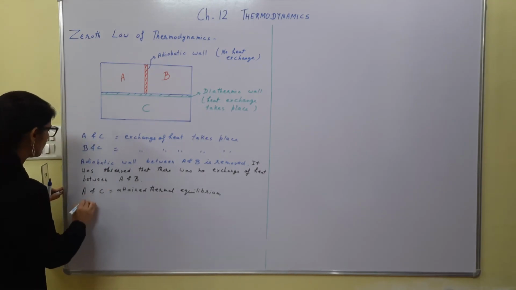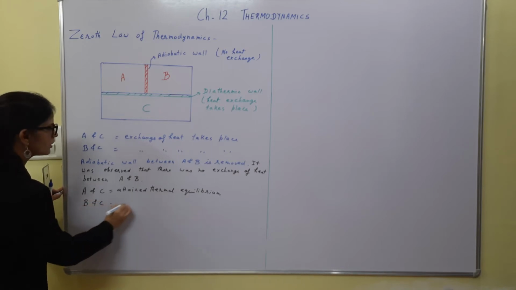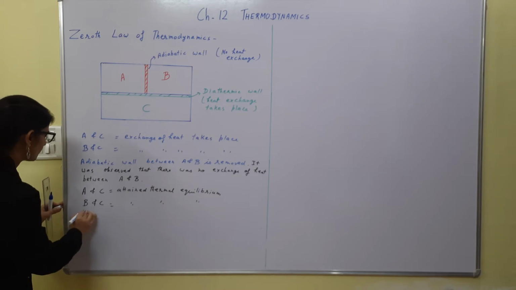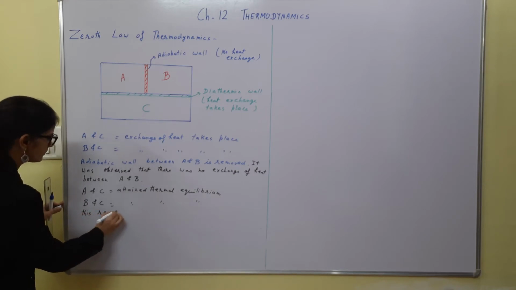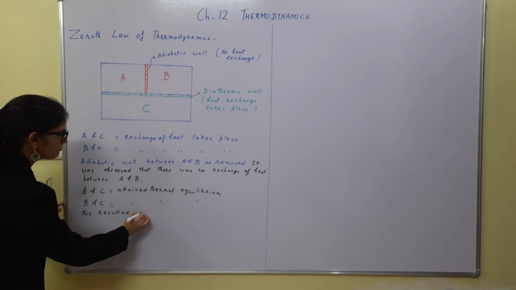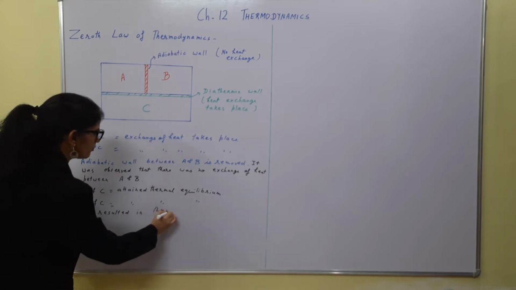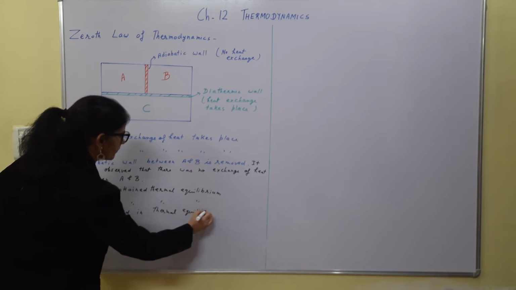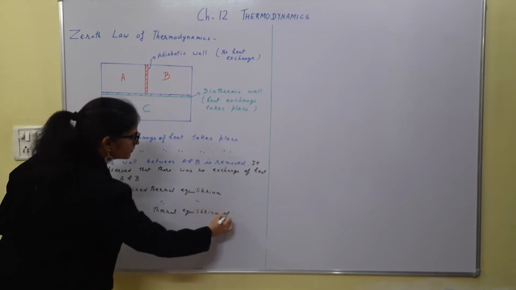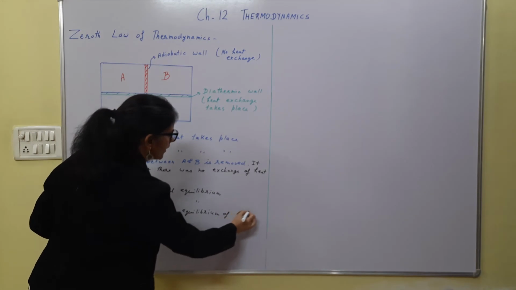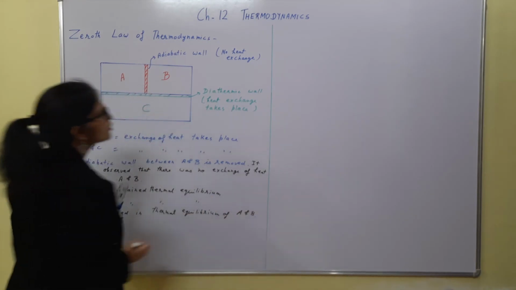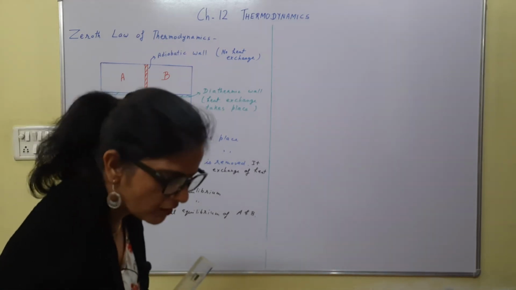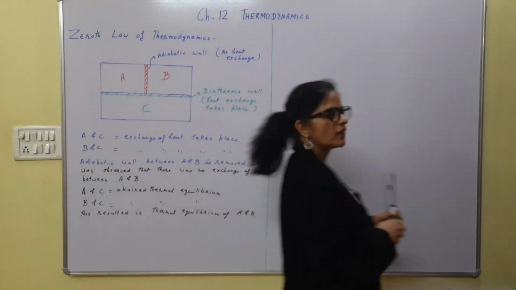Similarly, B and C also attained thermal equilibrium, right? So this resulted in thermal equilibrium of A and B.